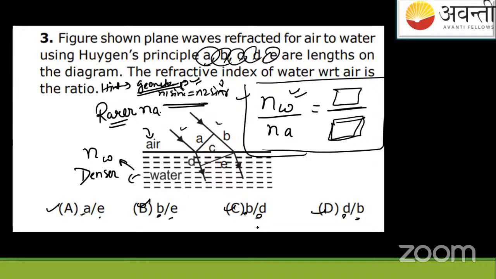D answer means small d by b. Yes, very good students.